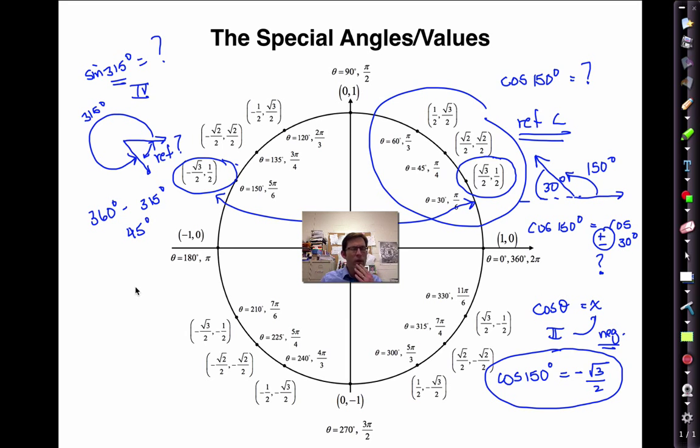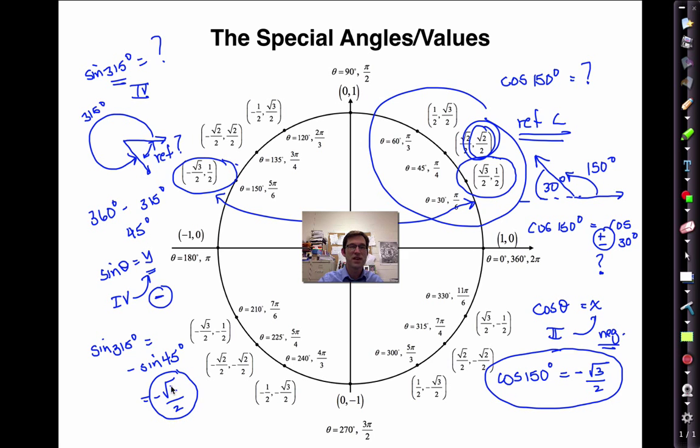Then I'd say to myself, the sine of the angle is the y-coordinate, and in the fourth quadrant, the y-coordinate is negative. So the sine of 315 must be the negative sine of 45. And if I know the sine of 45 is root 2 over 2, then I would know that the sine of 315 is negative root 2 over 2.